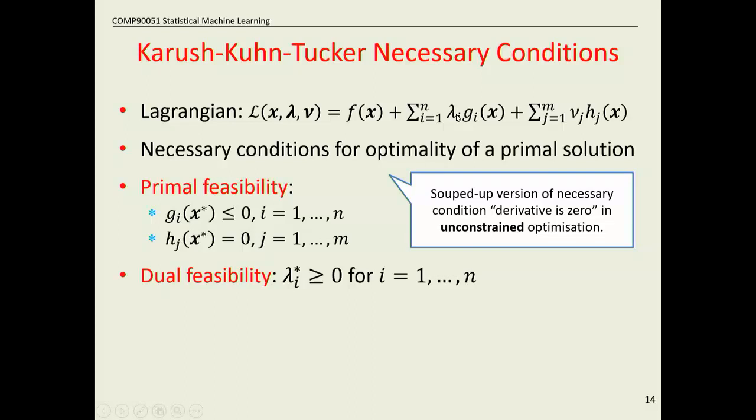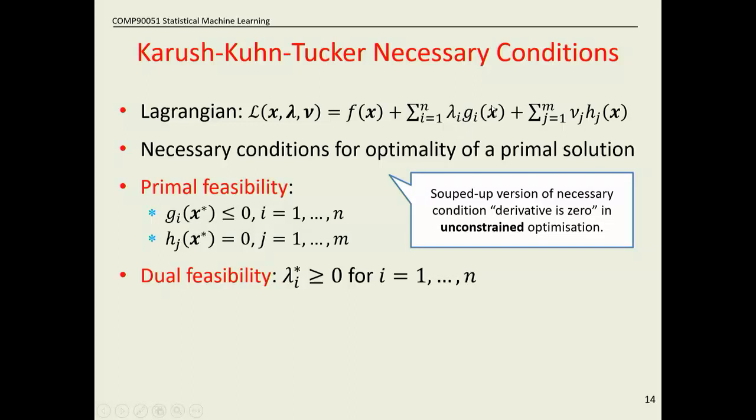For feasible x's, remember, g is negative. When g is feasible, we've got a negative value here, and so we don't want to penalise when that's the case.